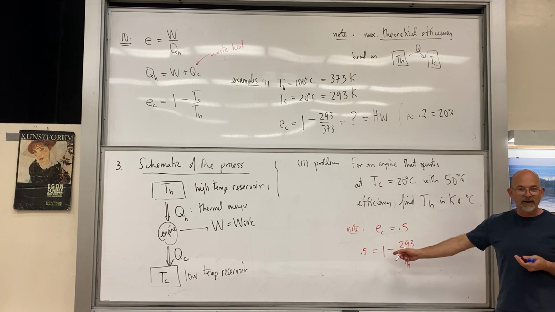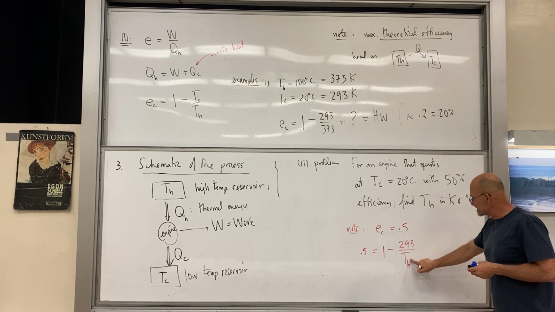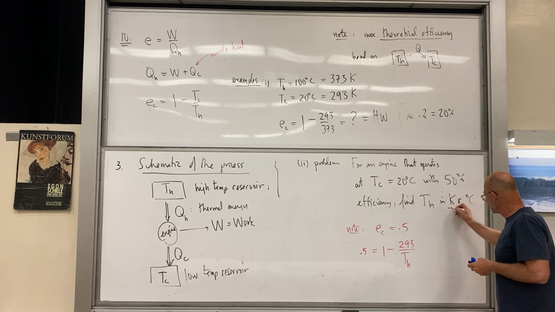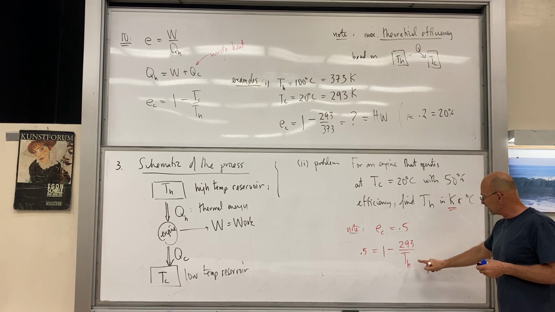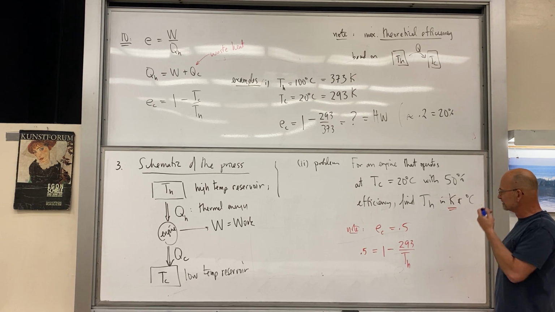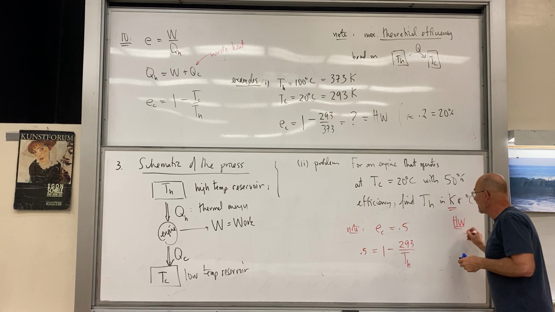So you'd have to do a couple steps of algebra, arithmetic, whatever you want to call it. Solve for t sub h. Your answer will be in Kelvin first, and then you subtract off 273, then you can get it in degrees Celsius. So good, let's call that a homework problem as well.